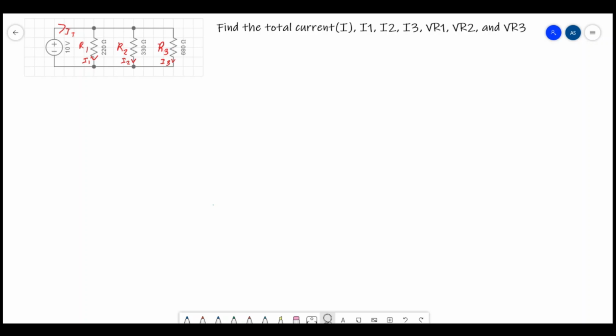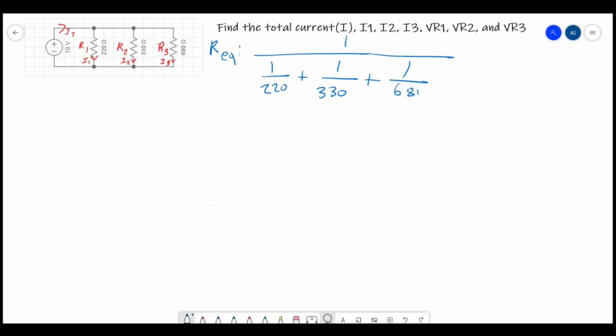Okay, now in order to solve this problem, first what we need to do is find the total R equivalent. So in order to find the total R equivalent, you'll be doing 1 over 1/220 plus 1/330 plus 1/680.